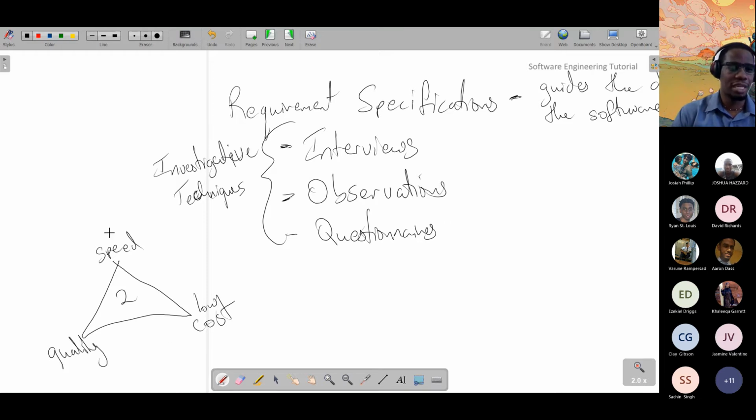If you're looking to satisfy all three of these, that's not really possible. If you want quick, low cost software and it's high quality, then that's a unicorn. Okay, you're chasing a unicorn. You're chasing after something that doesn't really exist. All right. I mean, of course there are going to be anomalous cases where all three are probably going to be satisfied.